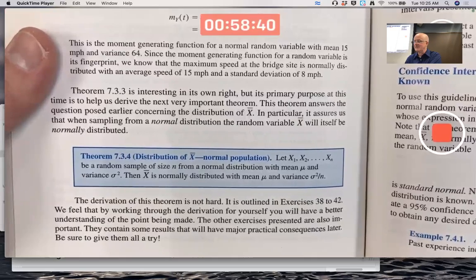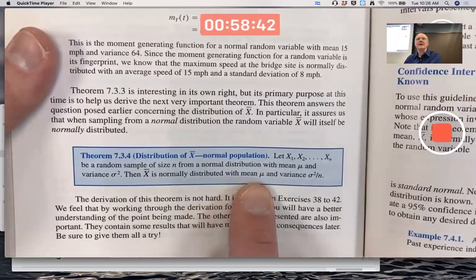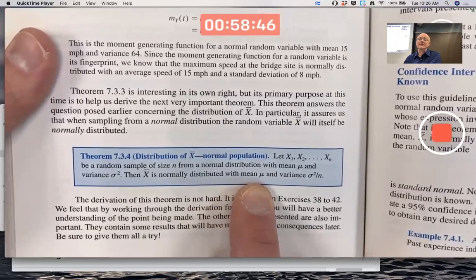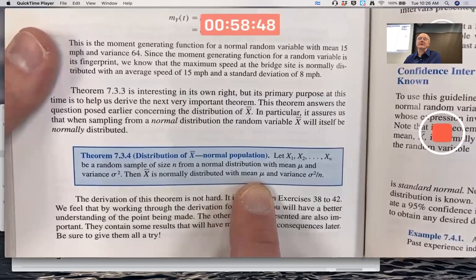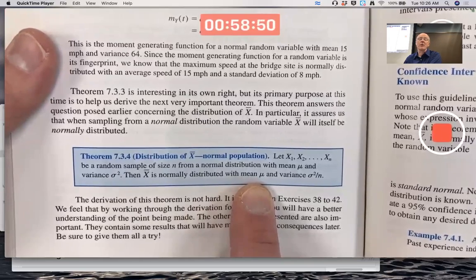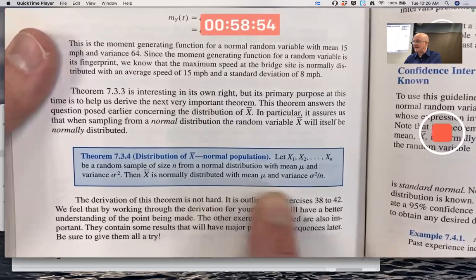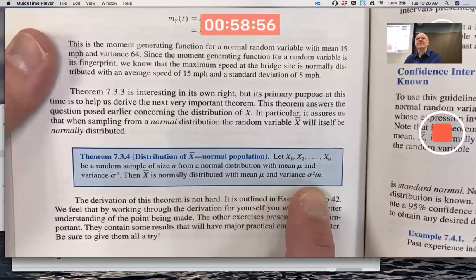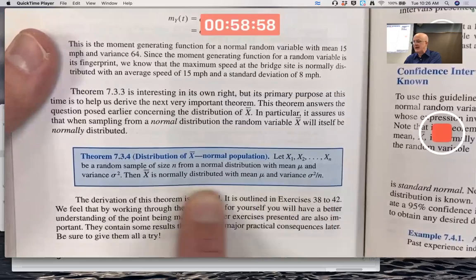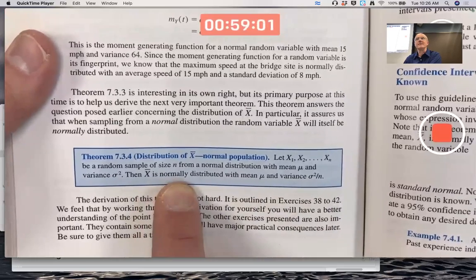It's got mean mu. That's true no matter what, as long as you're doing random sampling, whether the background distribution is normal or not, because X bar is always unbiased. And in fact, the variance always equals sigma squared over n in general. The new thing is that it's normally distributed.